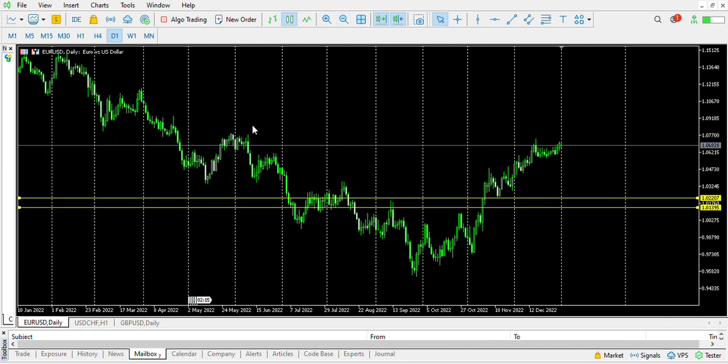It hit this point here, and it's been turning around. We're now looking at a current uptrend with the euro, and it's trying to gather back most of its losses. That's where we are in terms of price.